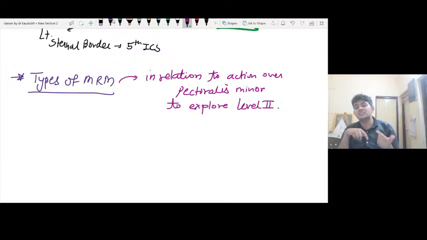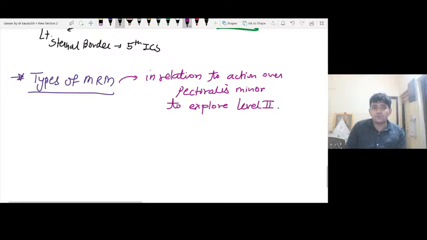So to reach and explore those level 2 lymph nodes and remove them during the modified radical mastectomy, we need to do something with that pectoralis minor muscle, and depending upon what we do to that muscle are the types of modified radical mastectomy. So let's discuss that now.